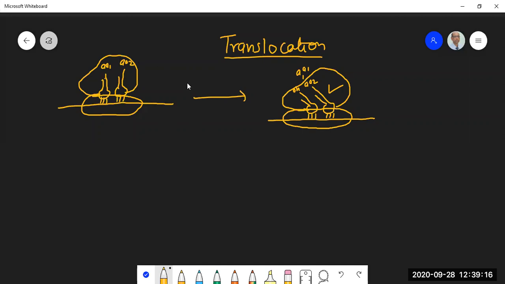We have seen that peptide bond formation is catalyzed by an enzyme called peptidyl transferase. And what is the characteristic feature of this peptidyl transferase? This peptidyl transferase is also an RNA enzyme.